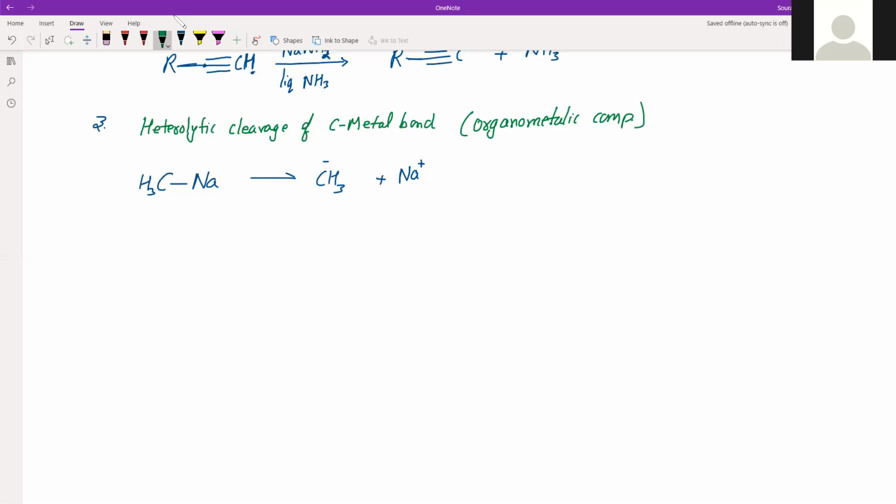So whenever there is a cleavage of that, you will get a compound having negative charge on the carbon. Now this reaction is actually a reversible reaction. Because both are highly reactive, Na plus is highly reactive and CH3 negative is highly reactive, so again they'll combine and form this. So this is actually a reversible reaction.